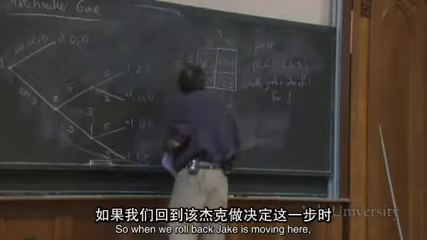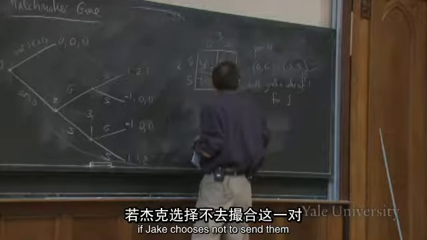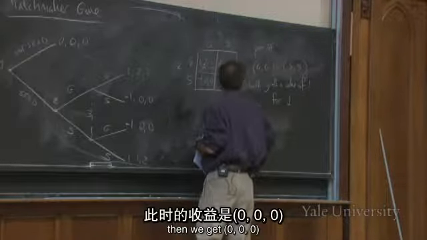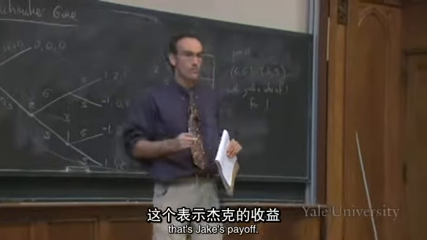So when we roll back, Jake is moving here. If Jake chooses not to send them, then we get 0, 0, 0, but the key part of this is the first 0, that's Jake's payoff.